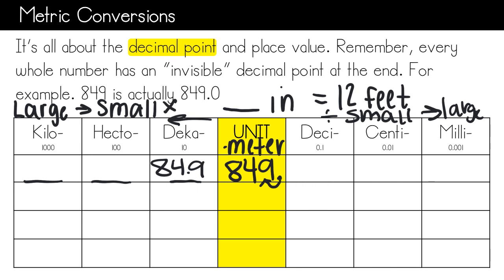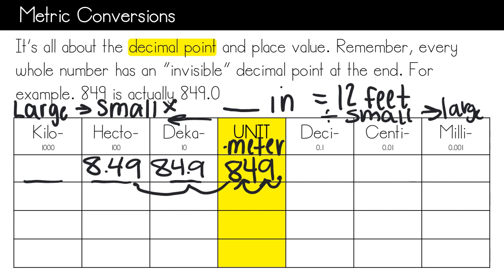Now, what if I said, how many hectometers equals 849 meters? I'm going to do the same thing, except now I'm jumping 2 place values. And so I will have 8 and 49 hundredths. So 849 meters equals 8 and 49 hundredths of a hectometer.